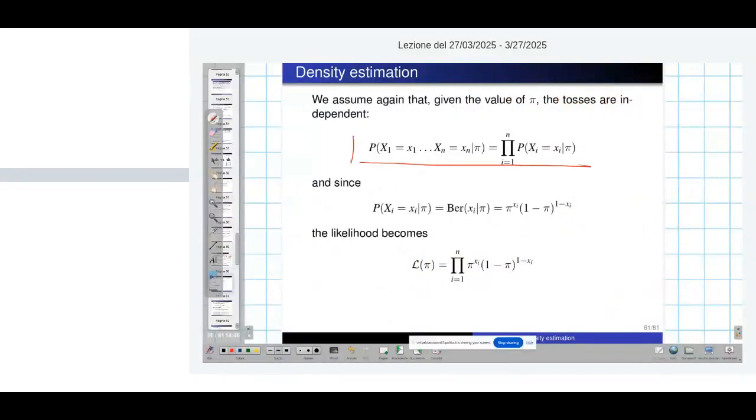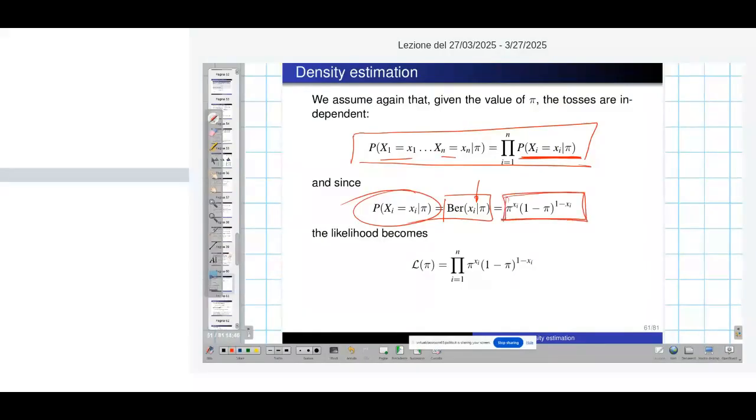Well, first of all, we said, given pi, the tosses are independent. If they are independent, I can factorize the probability as a product of probabilities of the single tosses. And for each random variable xi, the density is the density of a Bernoulli random variable, which we have seen we can express in this way when we introduced the Bernoulli.